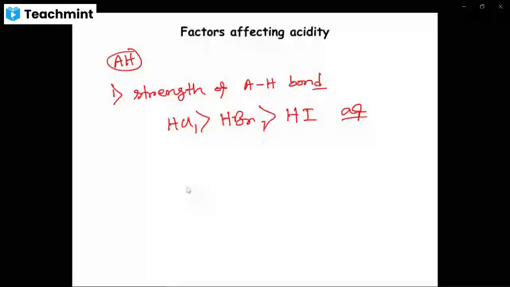So one of the factors on which the acidity depends is the solvent, and the acidity of a molecule can be different in different solvents. For example, if you consider ammonia, we know ammonia is a base, right?